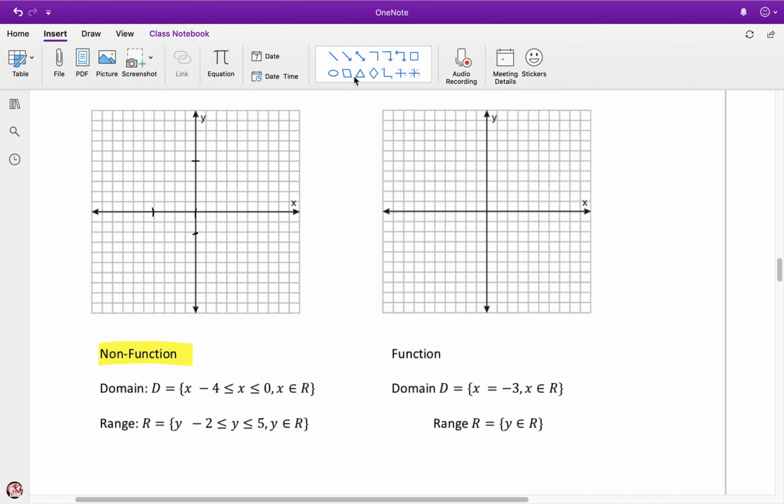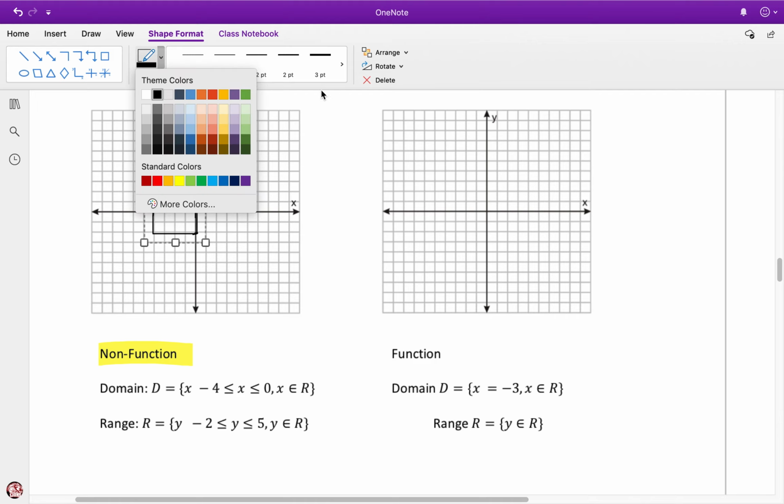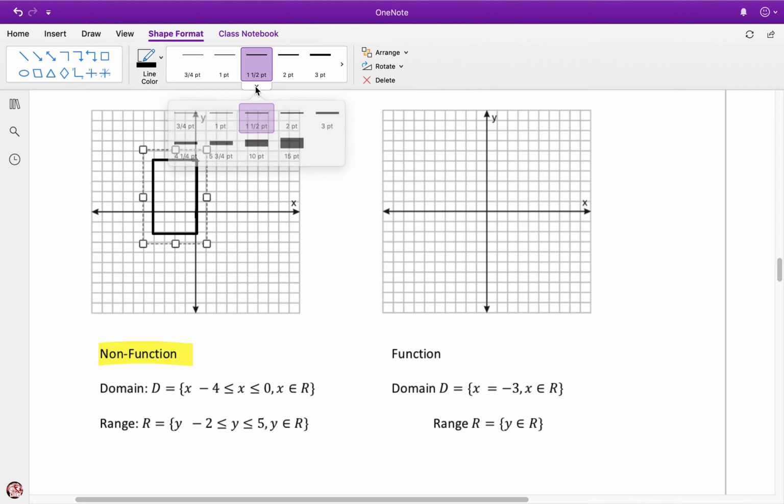So I wonder if I can actually put a box in here. So there's my box. How can I adjust my box? Can I make it dashed? No. I can only do that. Alright, so there's my box.